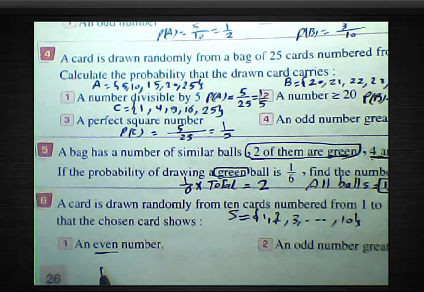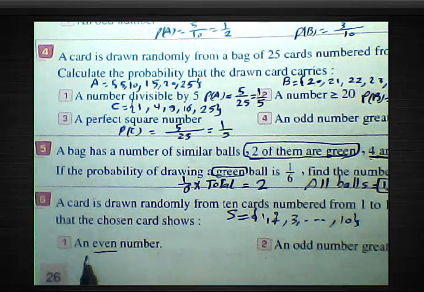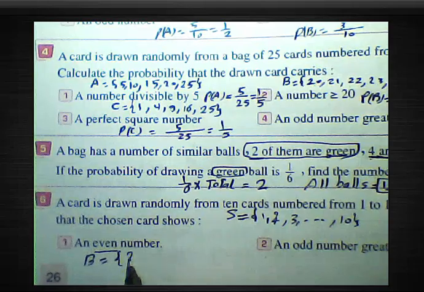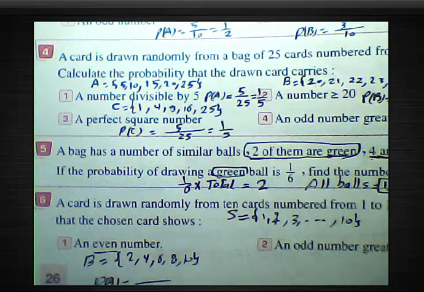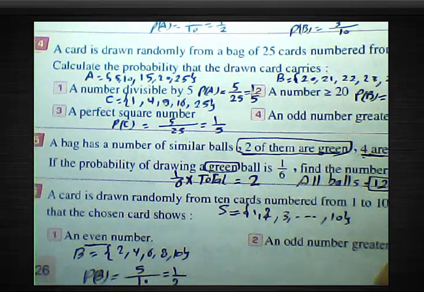The even numbers set B is 2, 4, 6, 8, and 10. The probability of B is the number of elements, 5, over 10, which equals half. The result will be 1 over 2.